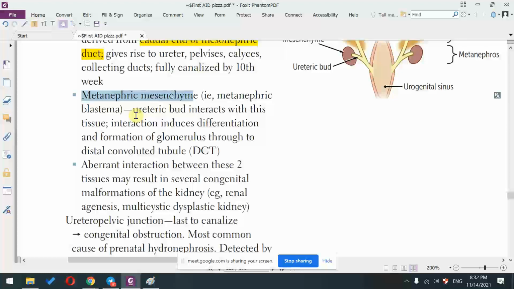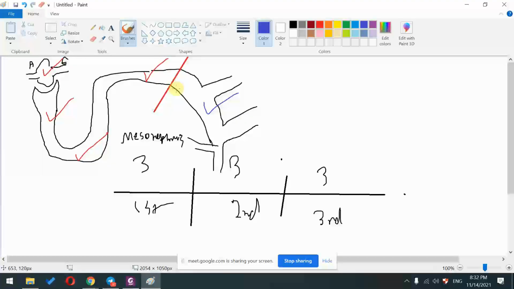Good. So the inferior poles of both kidneys fuse abnormally as they ascend from the pelvis during fetal development. Horseshoe kidney gets trapped under the inferior mesenteric artery and remains low in the abdomen. So you must know that they get stuck under the inferior mesenteric artery. Good.